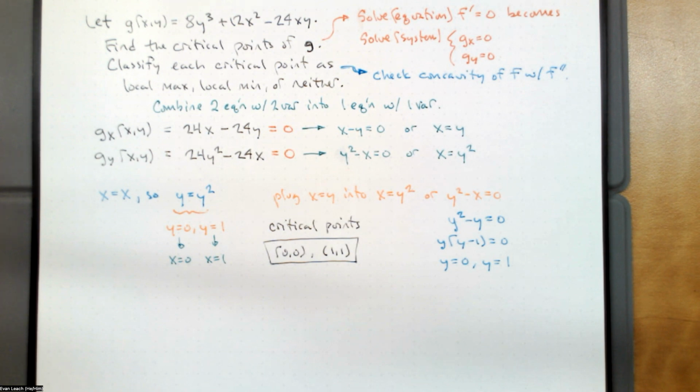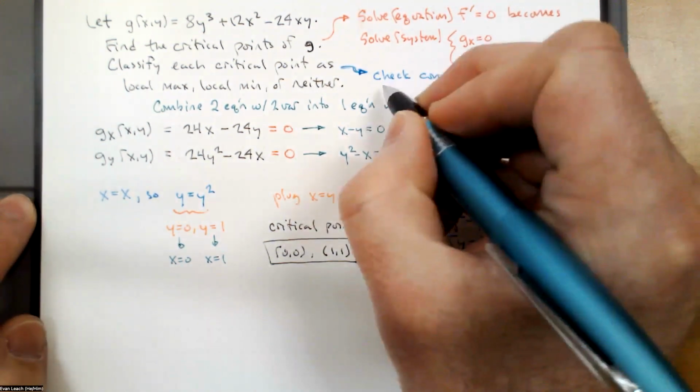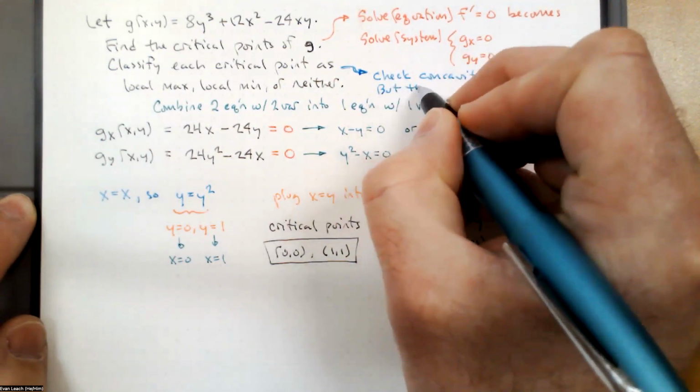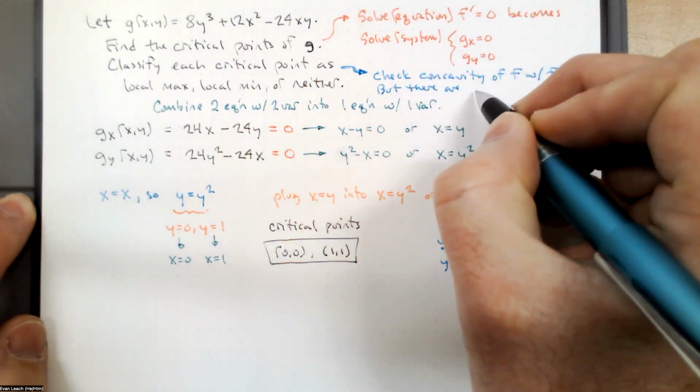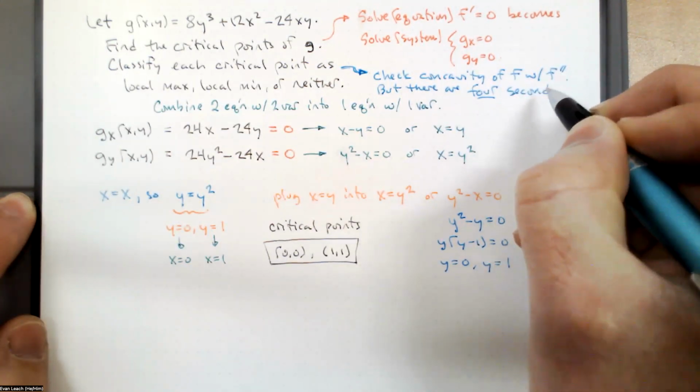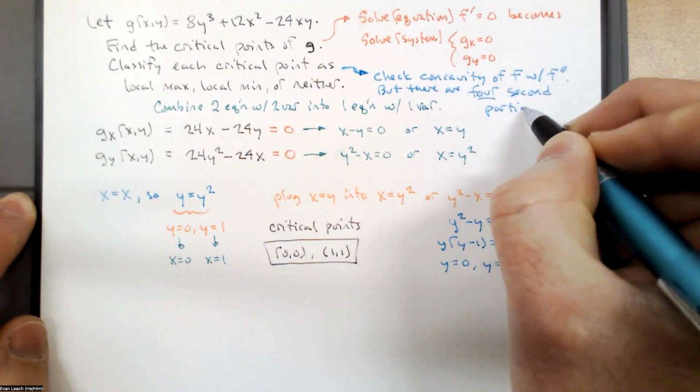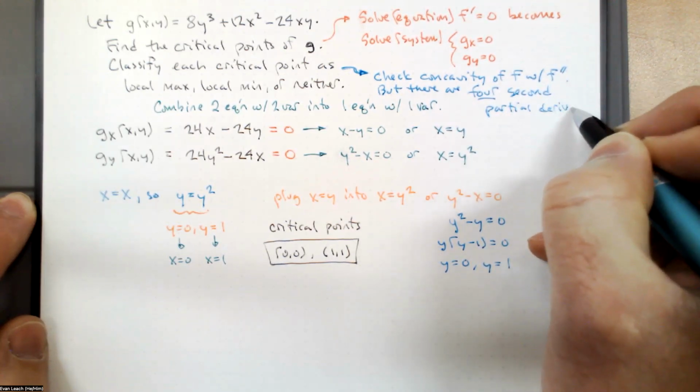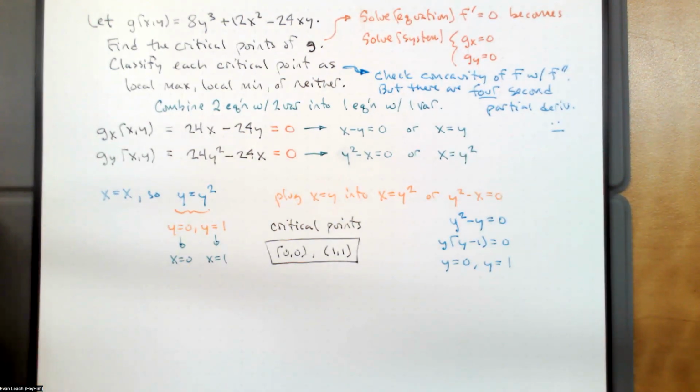Concave up, local minimum, concave down, local maximum. But there are 4 second partial derivatives.